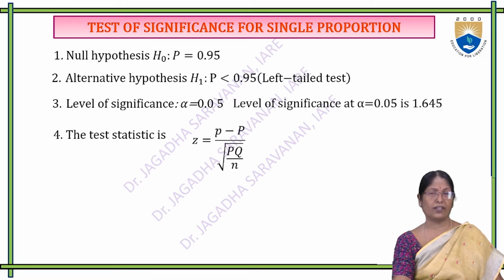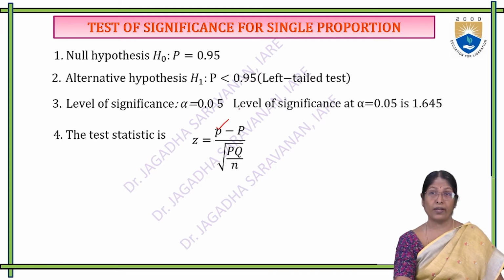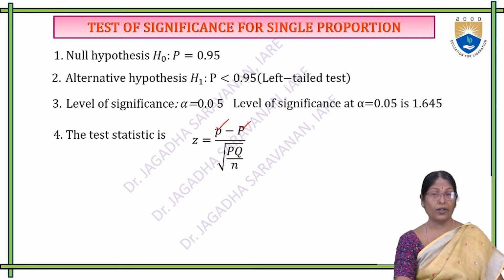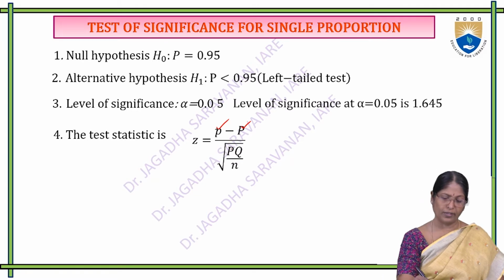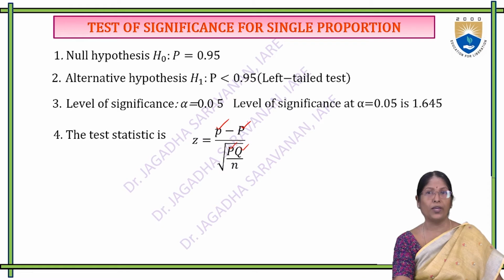The test statistic is small p, the sample proportion, minus capital P, the population proportion, divided by the square root of PQ by N. Here Q is playing the role; that is why we calculated the value of Q in advance, divided by N. So all the values are available with us now.